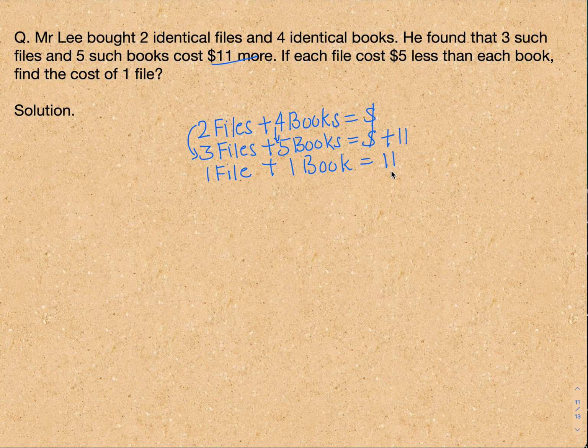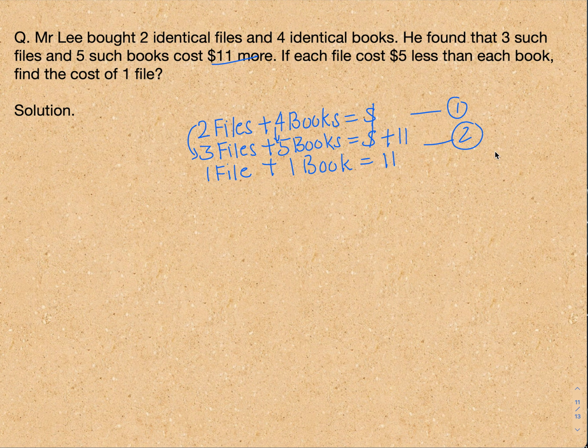It clearly shows us that if he just adds 1 more file and 1 more book, he has to pay $11 extra. That means the cost of 1 file and 1 book is 11. So this is the information we got from the first 2 equations.